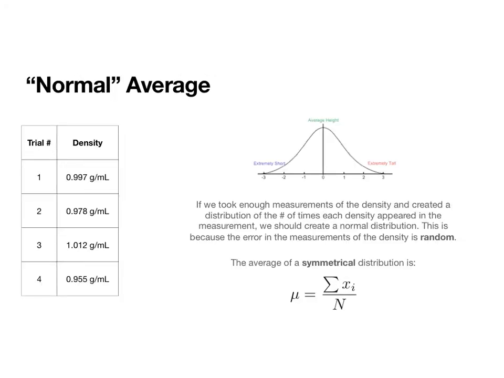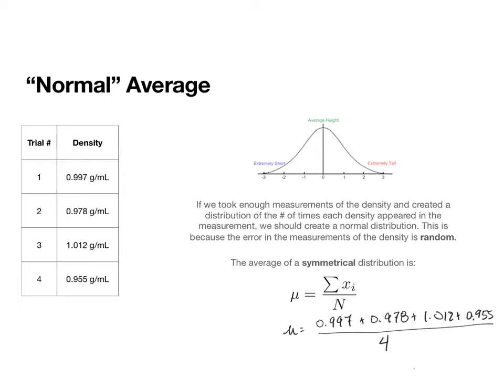To do this, we are going to have to use the idea known as a weighted average. Okay, so the normal average that we've done in all of our classes is really assuming that we have a normal distribution, that everything that we're measuring is random. So if we were to do multiple trials of density and we wanted to find the average, remember that our average is going to be the sum of each of the densities that we determined from our experiment, divided by the number of measurements that we took.